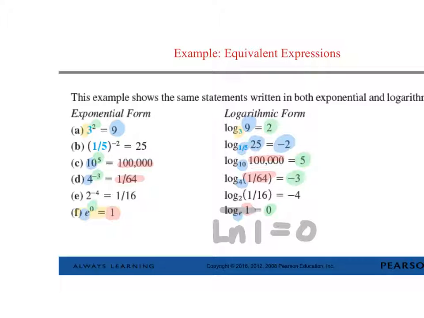If you see simply log of a number, where the base actually isn't there, then you can assume that this is base 10.